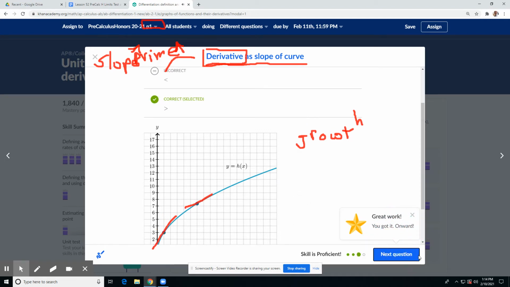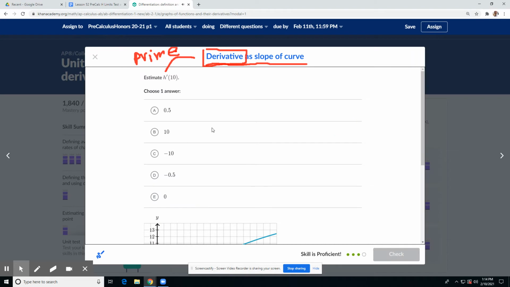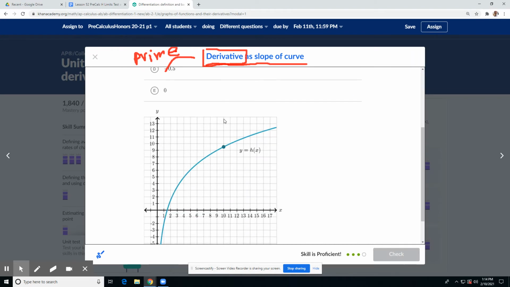Okay. This question, see if it's any different. Estimating the slope at 10. All right, that's this slope right here. So this slope right here. How would I do it? Well, I would try to link it to some of the grid here.